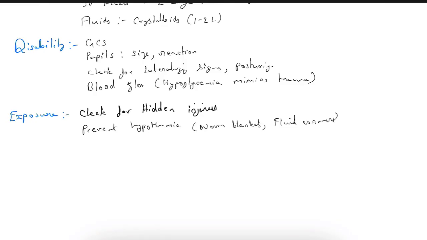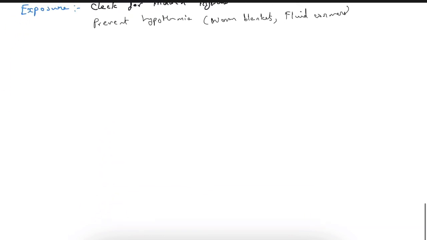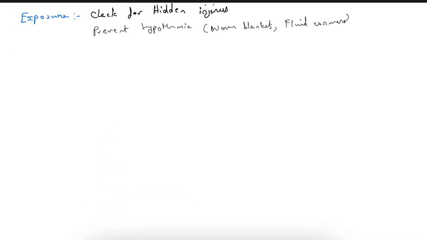Okay, guys, this is the ABCD approach, how we have to do things. This comes under management. When a patient comes to you, you don't have to check everything. First we start with this primary survey management. Then we go to the secondary survey.